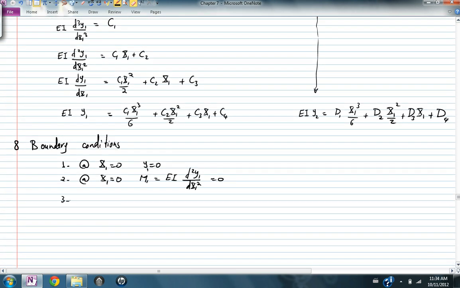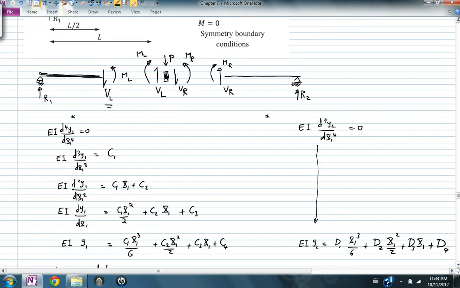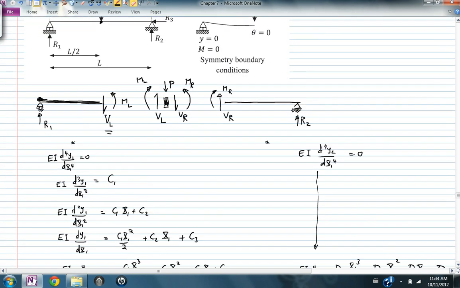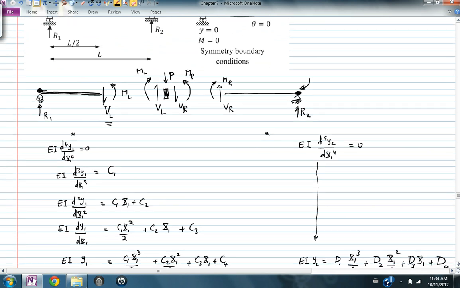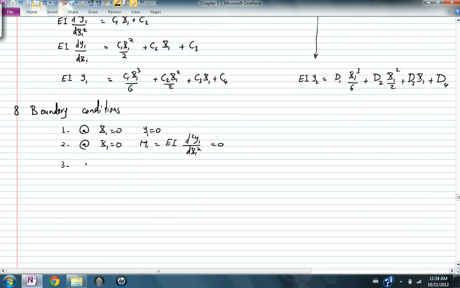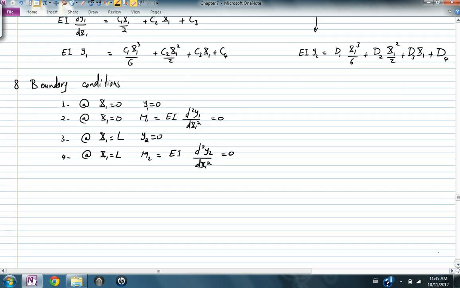And the third boundary conditions, I'm looking at the end. At the end I have the displacement and the moment also equal to 0. So at x1 equal L, the displacement function y2 is 0. And at x1 equal L, the moment, which is the second derivative of the displacement function, is also equal to 0. So these are 4 boundary conditions.